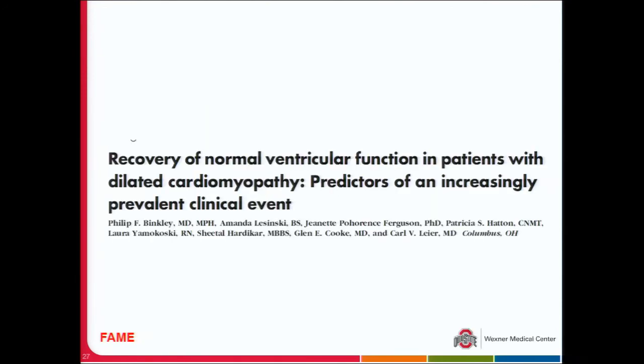We'll come back to practice in a minute. I just want to talk about this study as an illustration of a real-life experiment that we did in my clinic that was generated from a clinical observation. What we were seeing several years ago was an increasing number of patients going from very poor heart function, measured by a very low ejection fraction, to a normal or near normal ejection fraction.